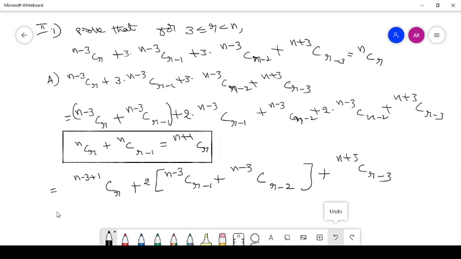This is n minus 3 plus 1. This is minus 2 C r plus 2. Here also same result, we are using the same result, n minus 3 plus 1 C. Here what is the value of r? r is nothing but r minus 1. One value is r, one is r minus 1. r minus 1 minus 1 is r minus 2.